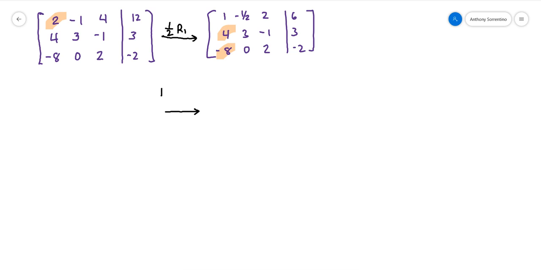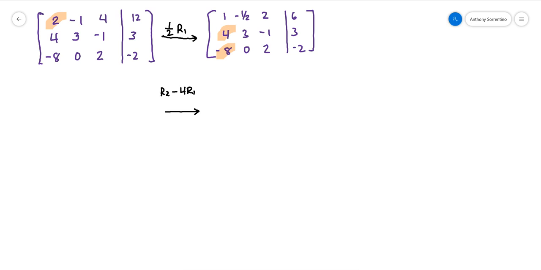Row 2, I'm going to subtract 4 times row 1. Because if we think about it, 4 minus 4 times 1, and that's why I always choose the row that has a 1 in it. If I choose the one that has a 1 in it, it's really easy to figure out what I need to multiply the row by to get the number I need to subtract or add.